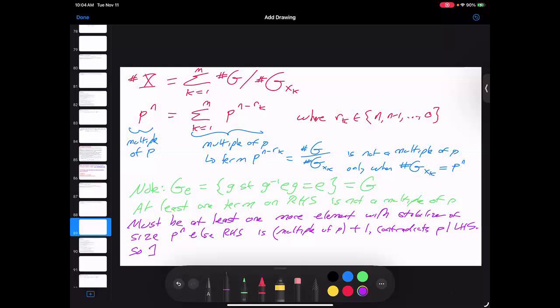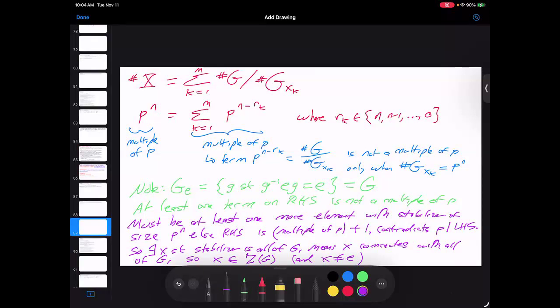So there exists some x such that the stabilizer is all of G, which means x commutes with all of G, so x is in the center. And x is not e. So there has to be at least one more element.